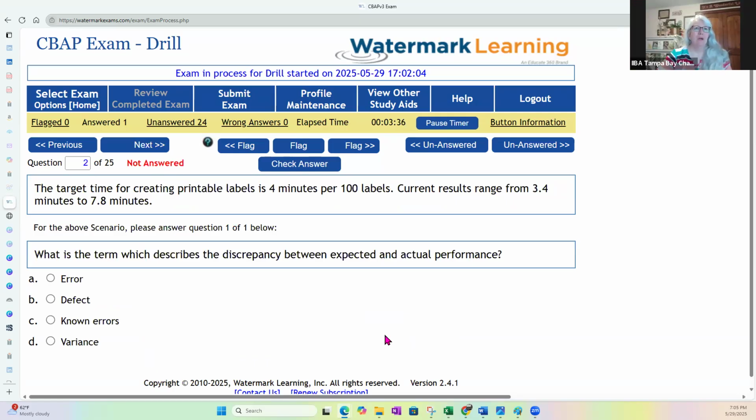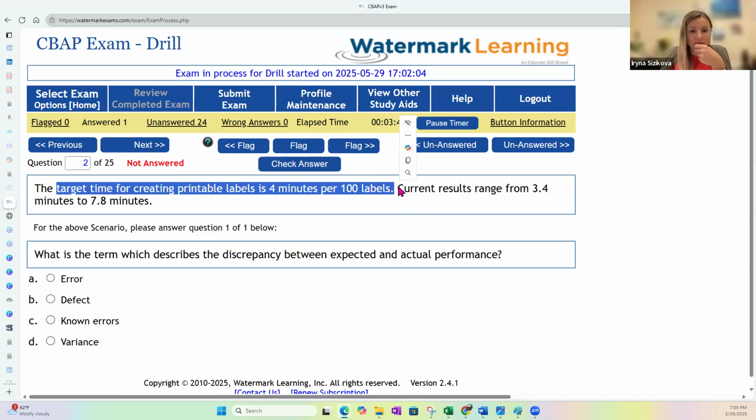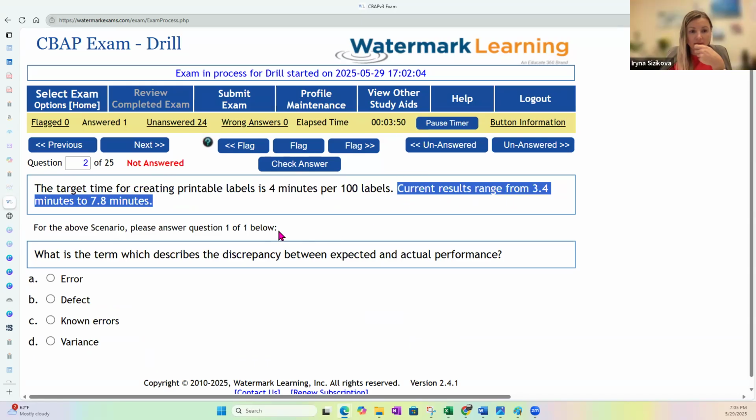Next, the target time for creating printable labels is 4 minutes per 100 labels. Current results range from 3.4 minutes to 7.8 minutes. So this is the target, and this is current results. For this scenario, what is the term that best describes the discrepancy between the expected and actual performance?